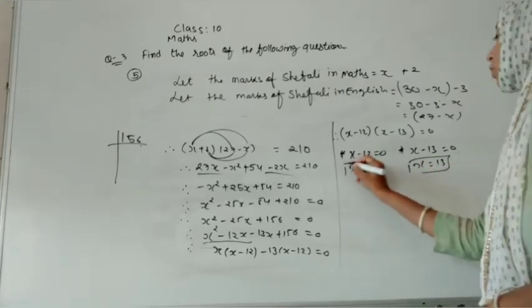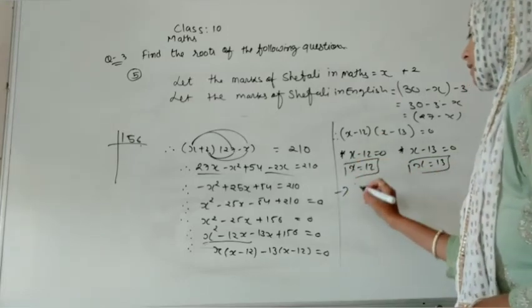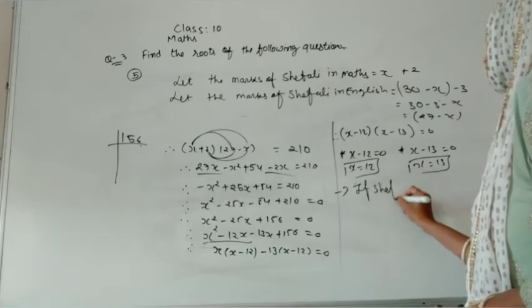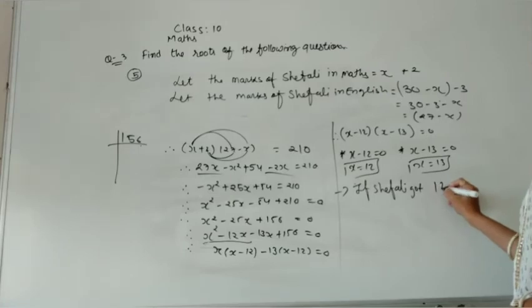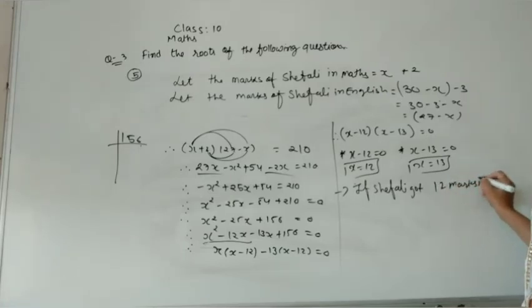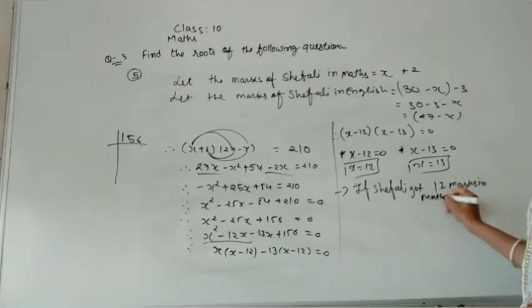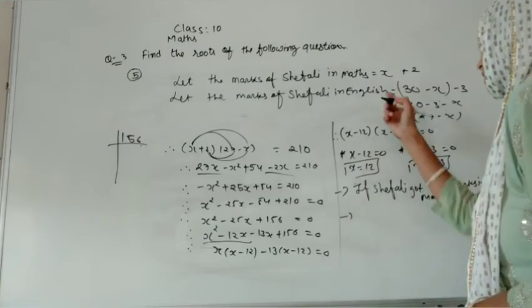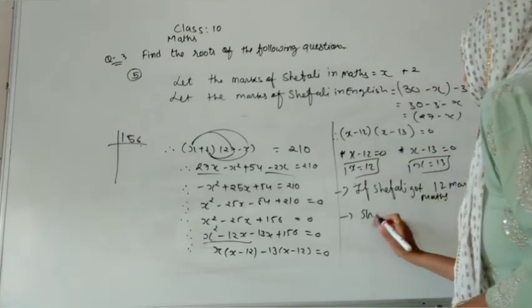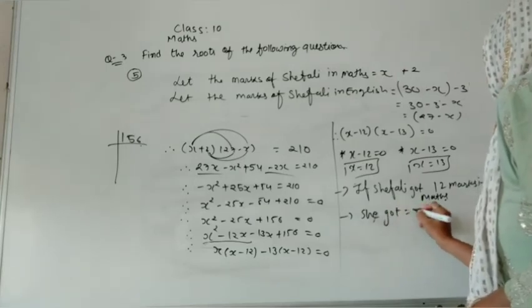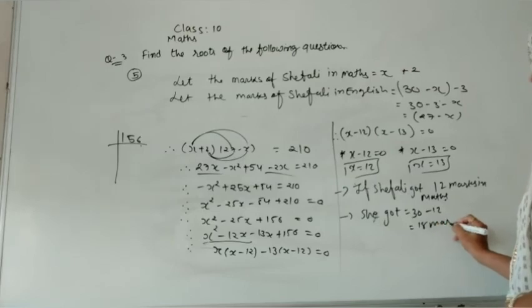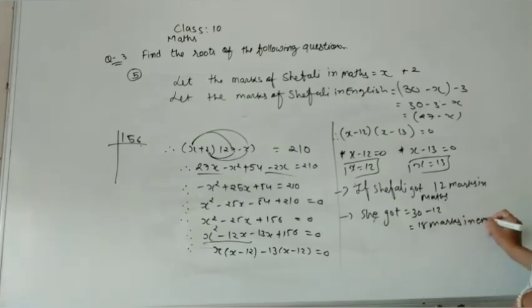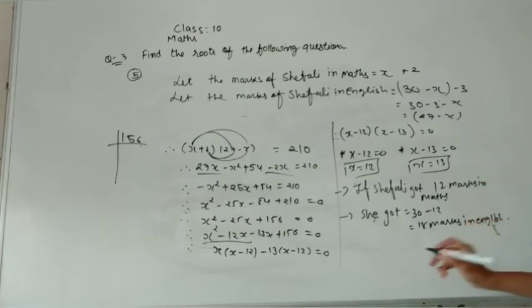So here we got two values, so here we have to write this statement that if Shefali got 12 marks in maths, then what she got in English, so she got 30 minus 12 means 18 marks in English. Understood the concept?